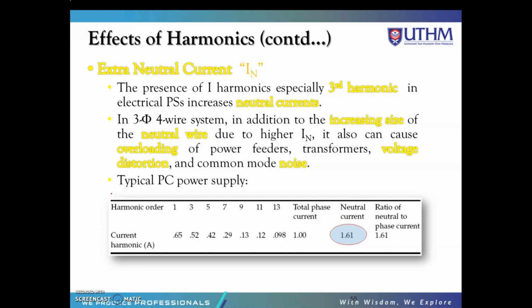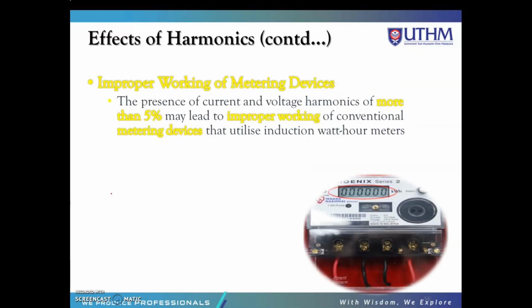Typically, for a phase current power supply, you can see in this table that the neutral current is 1.61 while the total phase current is 1. So we have the extra neutral current.